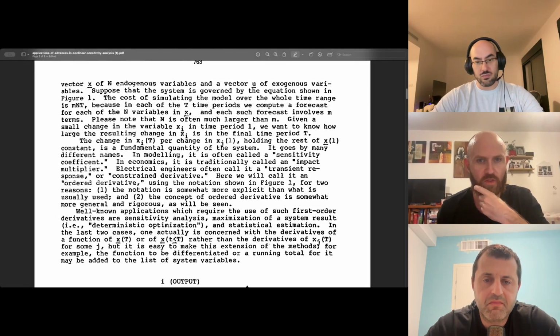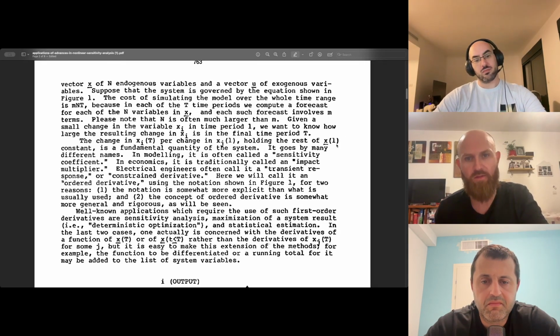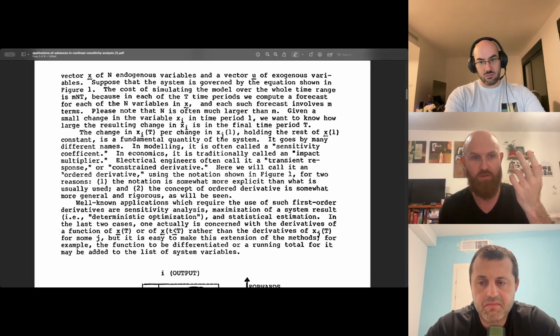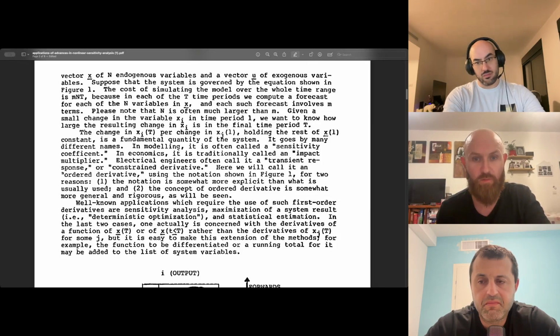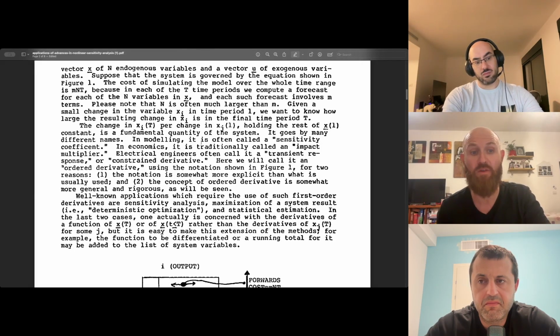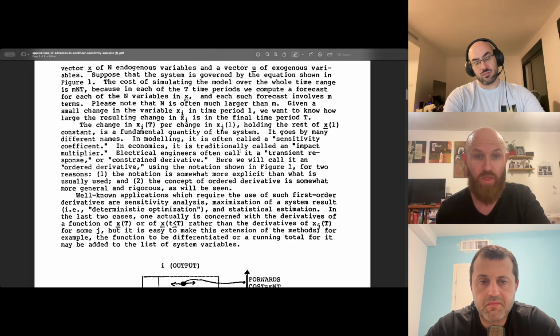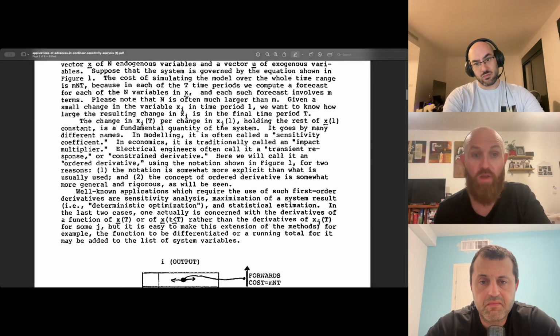And he says holding the rest of x at time 1 constant. So that's the idea of sensitivity analysis. And he says it's a fundamental quantity of the system. It goes by many different names. In modeling, it is often called the sensitivity coefficient. In economics, it is traditionally called an impact multiplier. Electrical engineers often call it a transient response. So it's like a delta function.